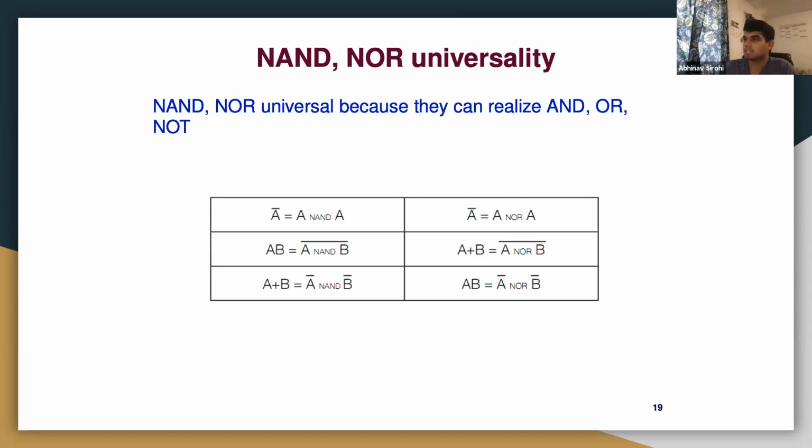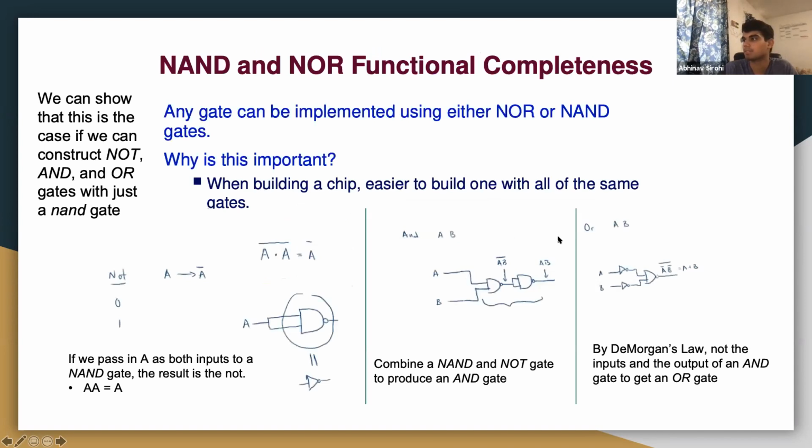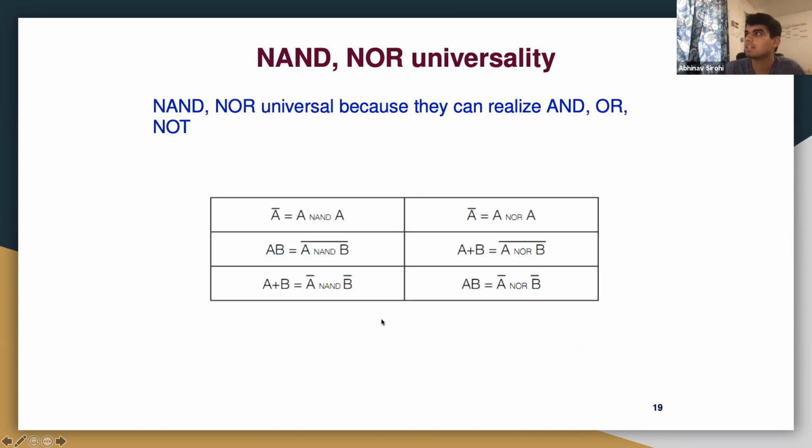And this is just a table that shows how NAND and NOR are universal gates, because we basically just showed how to create this. We did this right side of the equation using our gates here. And that just shows the universality of NAND and NOR.